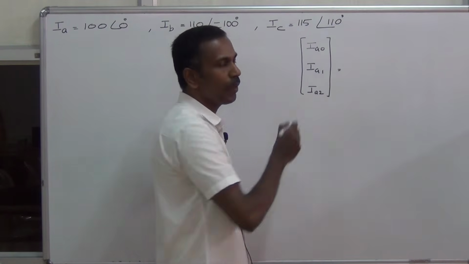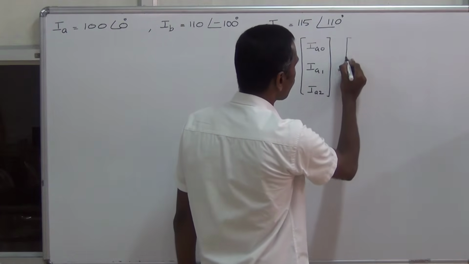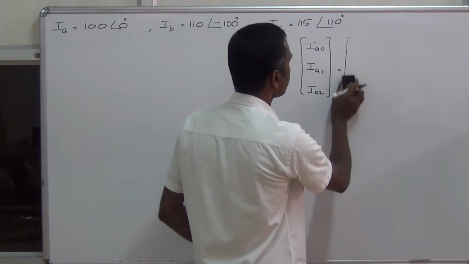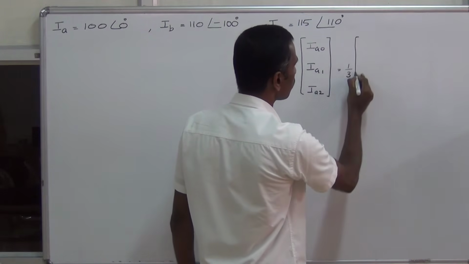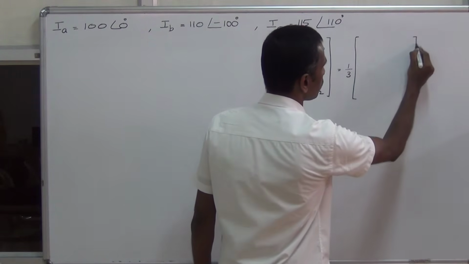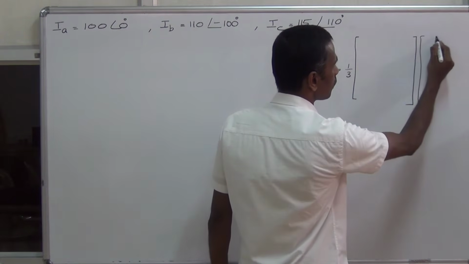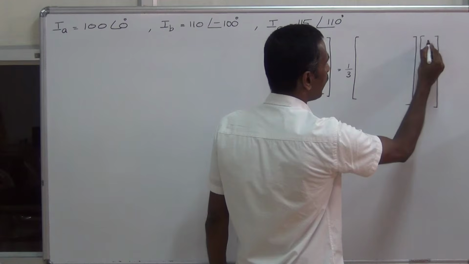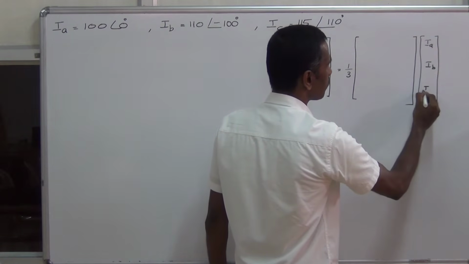This is the formula we are using to convert this into symmetrical components. It is 1/3 into the transformation matrix, into the phase currents IA, IB and IC.